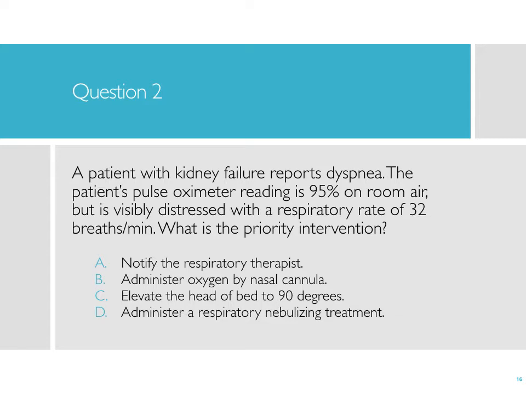Clients who have decreased hemoglobin could have a high percentage of hemoglobin saturated with oxygen, but because they have decreased hemoglobin levels, not enough oxygen is provided. And so administering more oxygen so that their hemoglobin becomes more saturated is especially important for them.